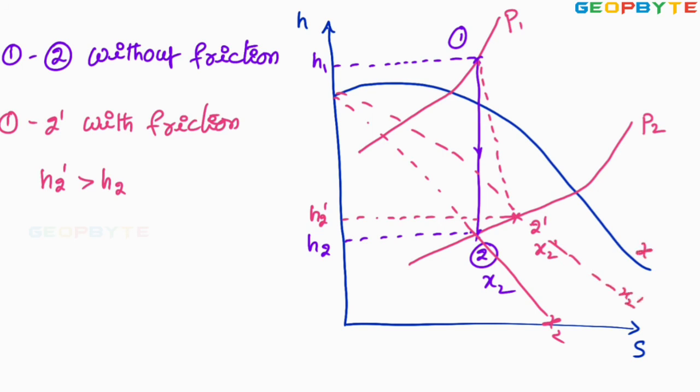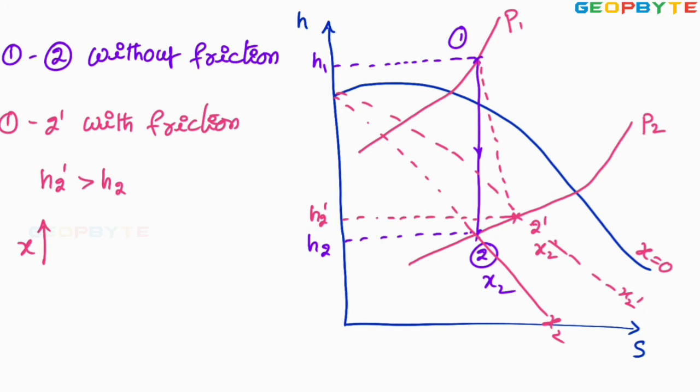Here the dryness fraction X equals 0 along the saturated vapor curve. Since the X2 dash curve is very close to the saturated vapor curve, the dryness fraction increases. Quality X increases. Let me write clearly. Because of the friction, quality increases.